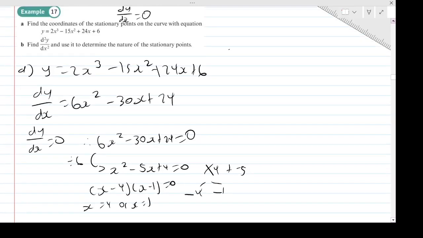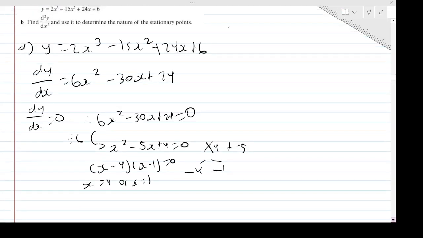But it says to find the coordinates. Coordinates are x, y, so we need to find the y values as well. If x is 1, then y, if I substitute 1 into here, I get 2 lots of 1 cubed minus 15 lots of 1 squared, add 24 lots of 1 plus 6, I get 17.